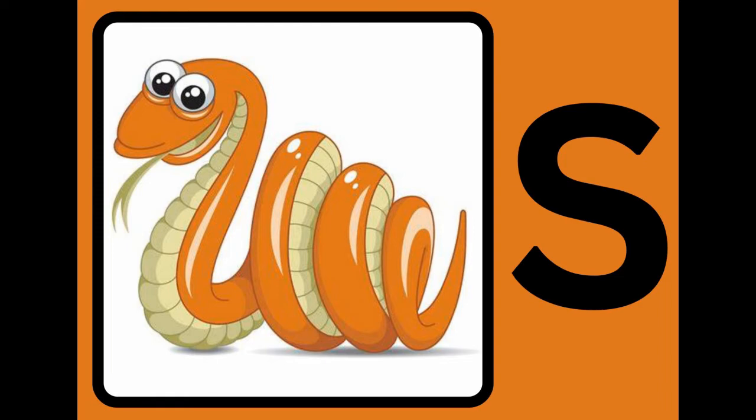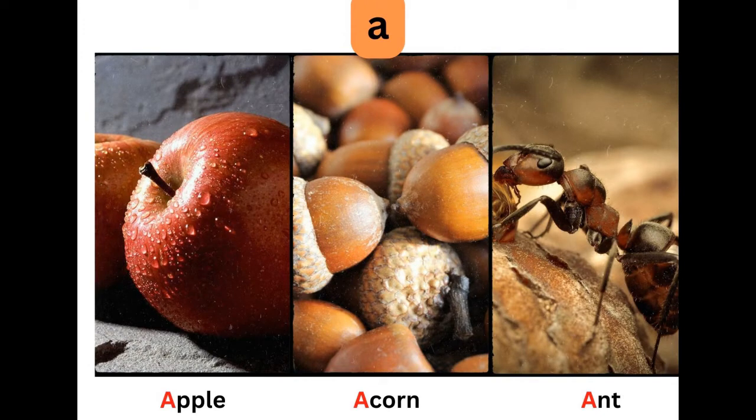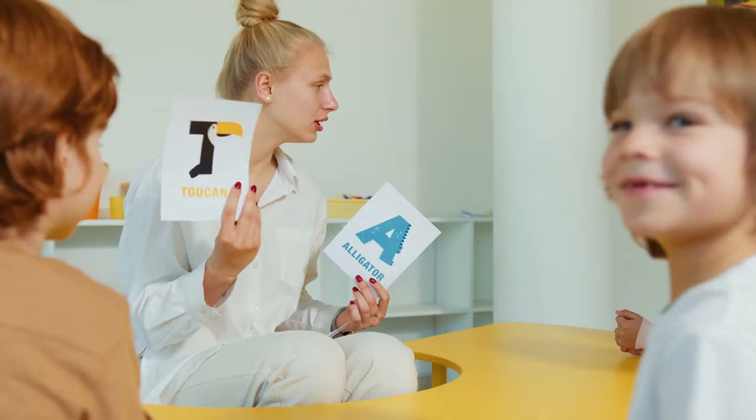You need a flashcard with the image and also the spelling under it, and the S or the A in the spelling should be underlined or in a different color. You can use the normal flashcard you have, write the spelling under it and underline the S or A or whatever sound you're teaching, to showcase that sss is actually for the S in snake.